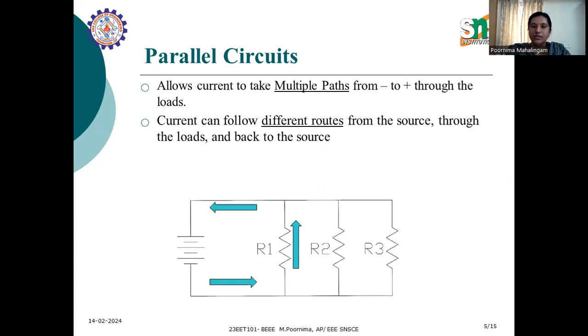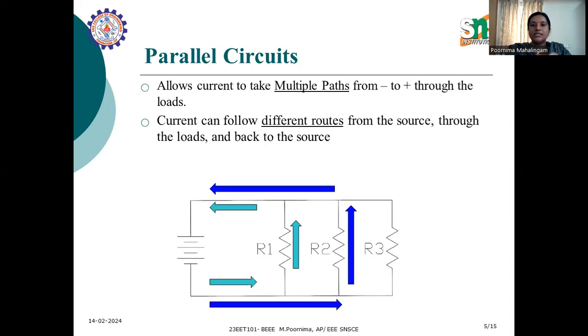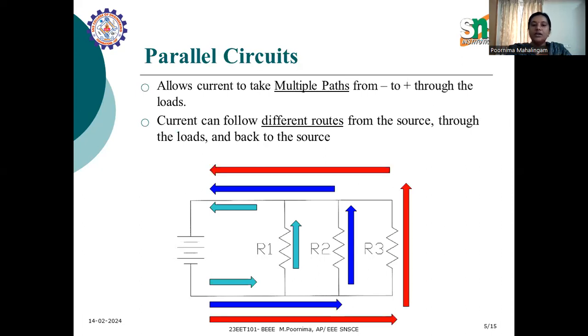This is the first path. The second path flows through resistor 2 and closes the path, and the next path flows through resistor 3 and closes the path. It has three different paths. So this circuit is known as a parallel circuit.